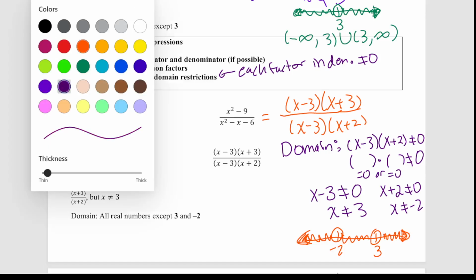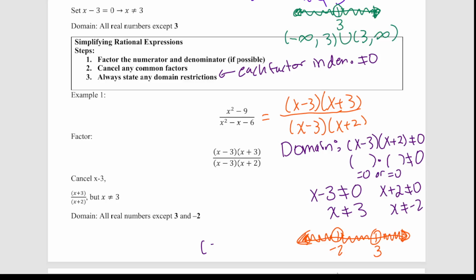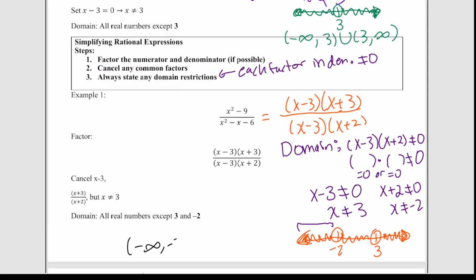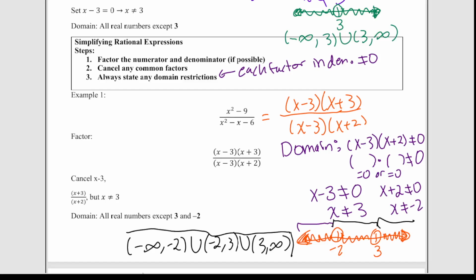So your three regions are going to be from negative infinity to negative 2, that first region, or from, and I did not give myself enough room here at all. Let's retry that. From negative infinity to negative 2, or from negative 2 to 3, or from 3 to infinity. So that's worth explicitly plotting out to visualize how that interval notation is going to look.